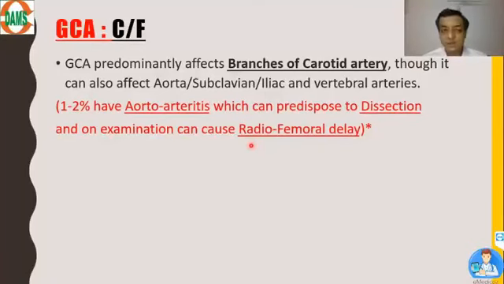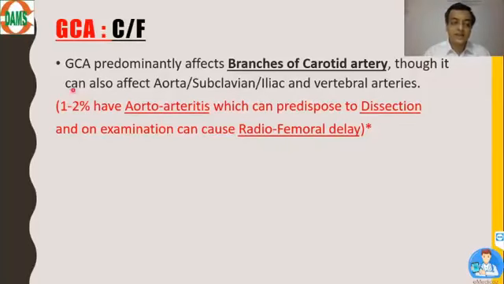Okay, I will show the slide. Let us finish this clinical feature slide, then I will show you the pathology last line. Please leave one line and continue. So one point, it affects the branches of carotid artery, but it can also affect aorta. Aortic involvement is rare.